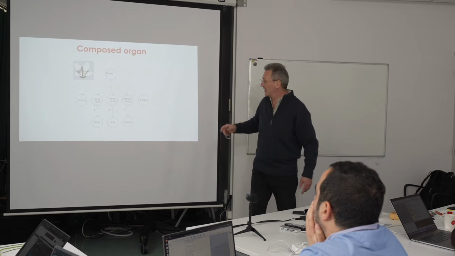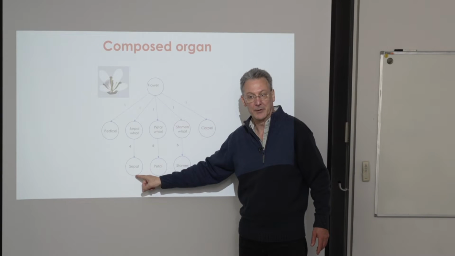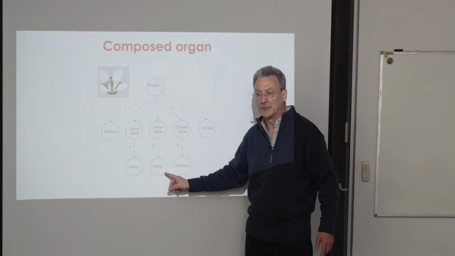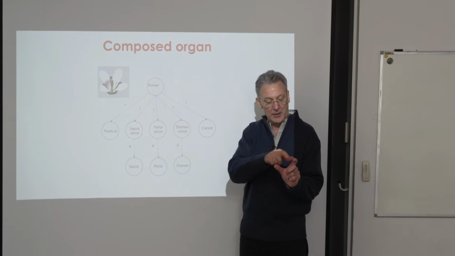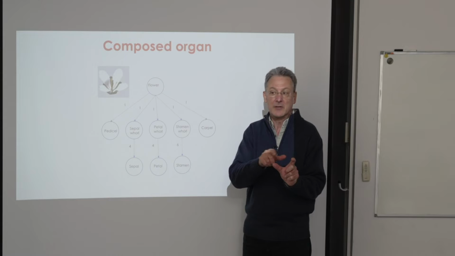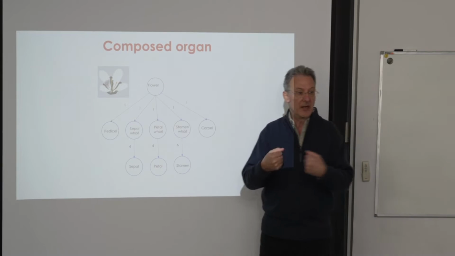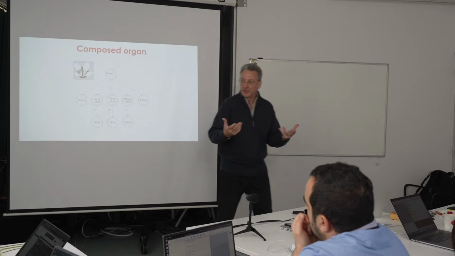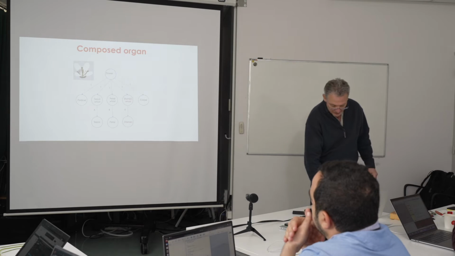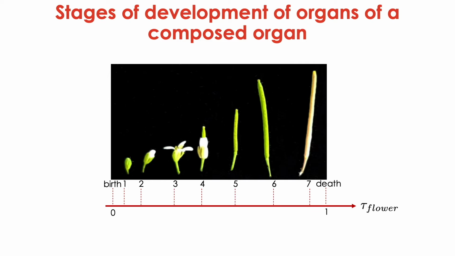So the question, and now I assume that I have a specific model for the sepal, a specific model for the petal, with a control tau that is between 0 and 1. So how can I gather all this in a sensible manner in order to produce a model of the flower growth?